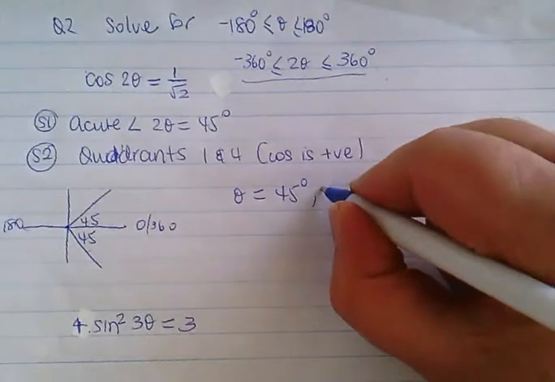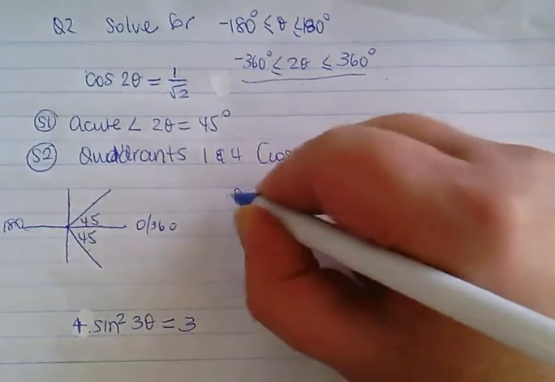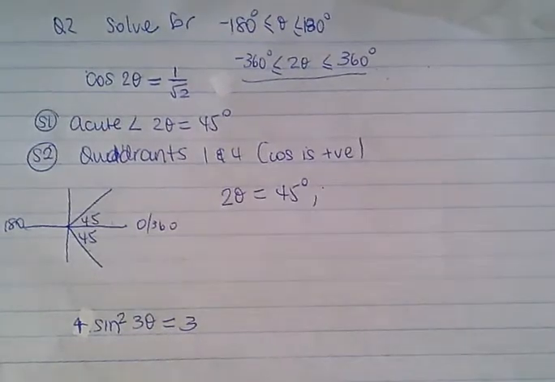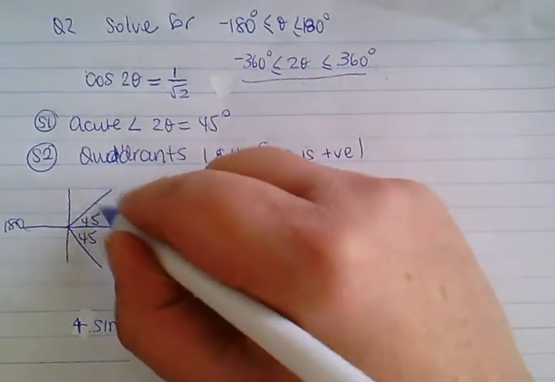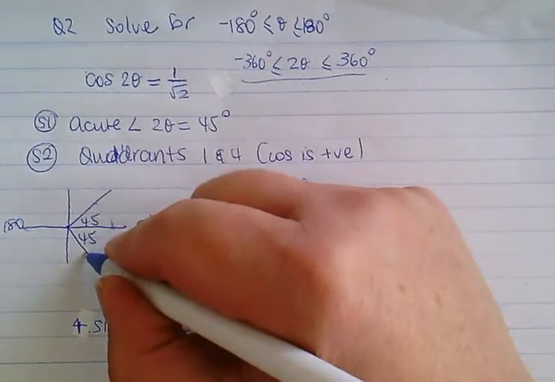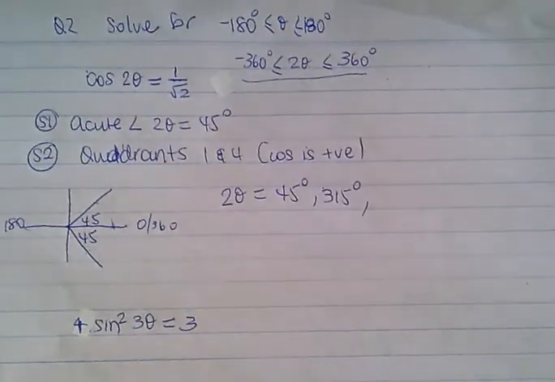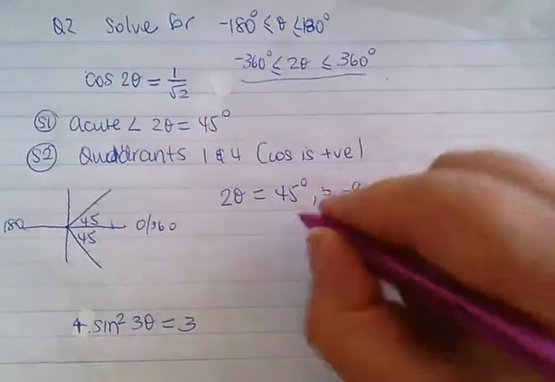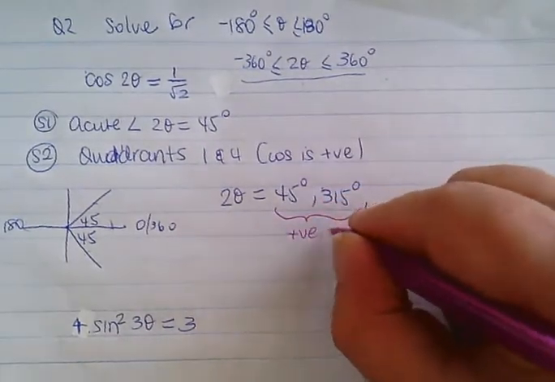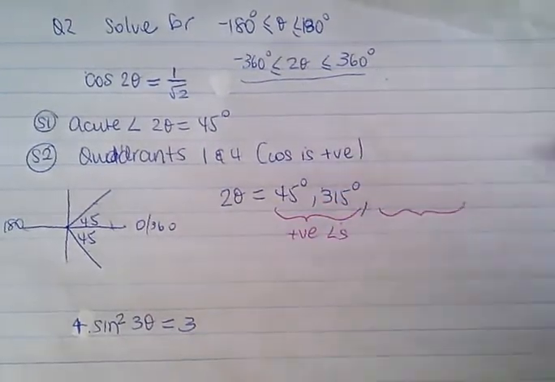And 315. Thank you. 2 theta is 45 and 360 minus 45, which is 315. They're my positive angles, but now I have to do my negative ones.